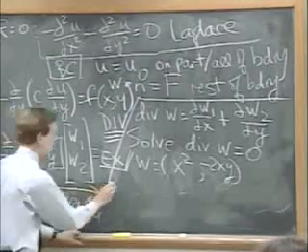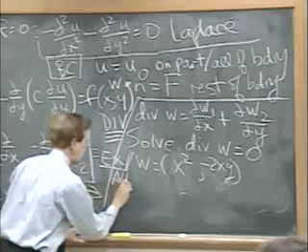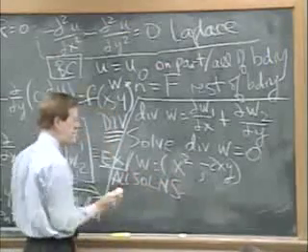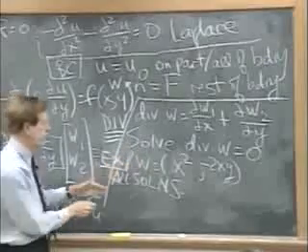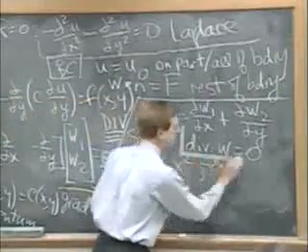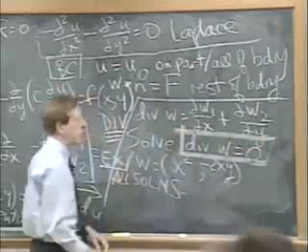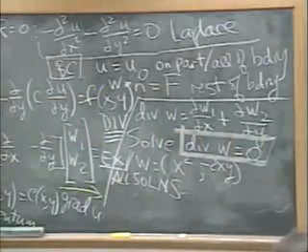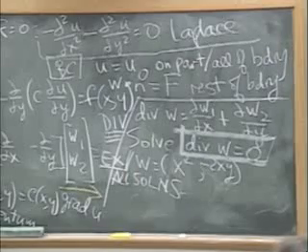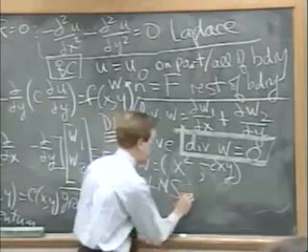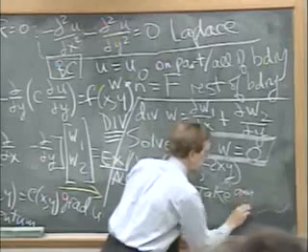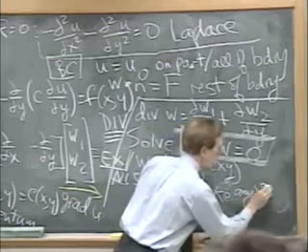Now I'm trying to get all solutions to div W equals 0. This is my equation. Better be sure we know what we're doing. Okay, I'm looking for all solutions. Let me start with any function s of x and y.